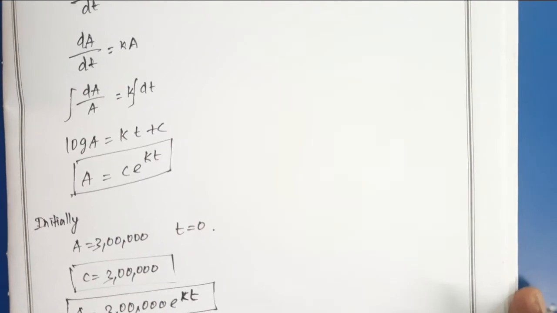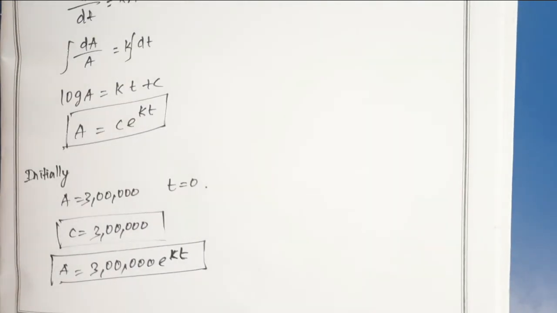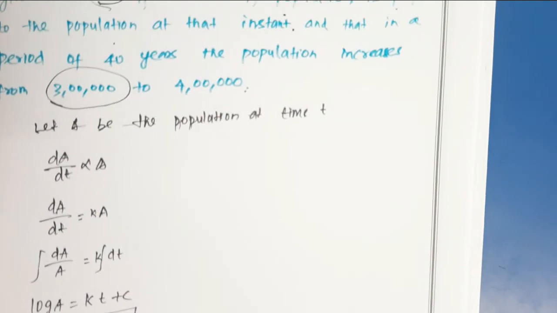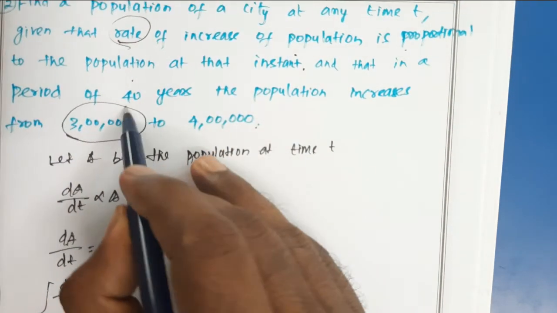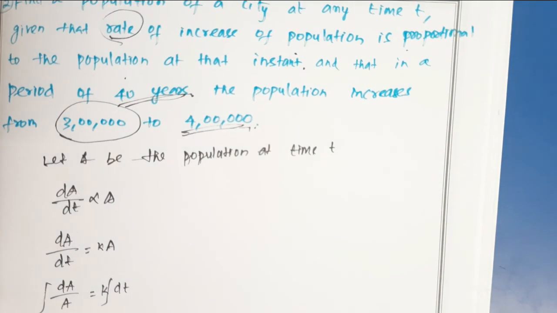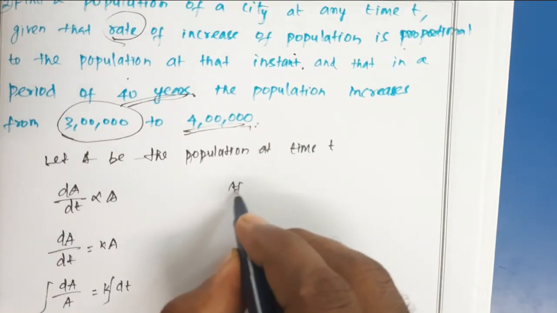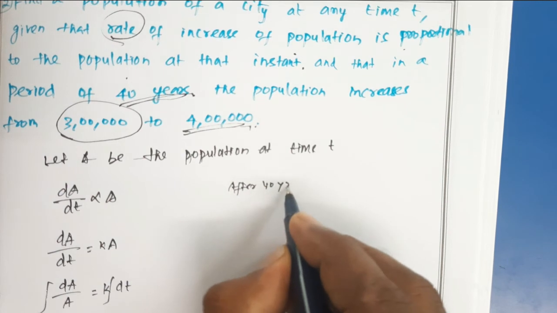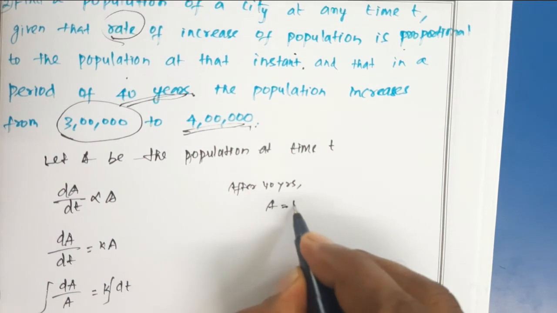Next information: after 40 years, the population increases to 4 lakhs. So at t equal to 40 years, the population is 4 lakhs.